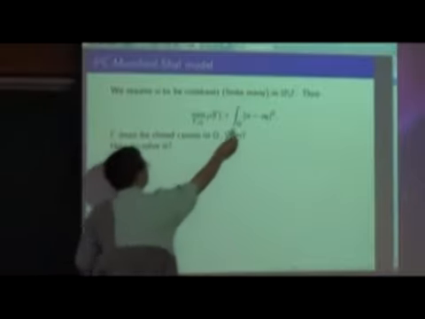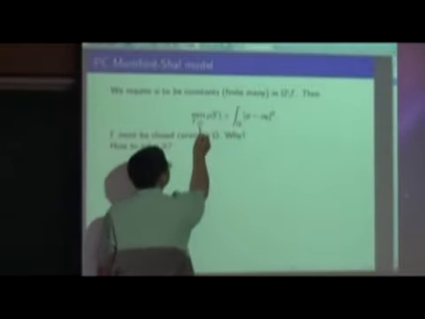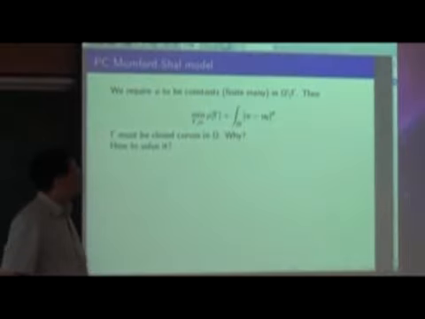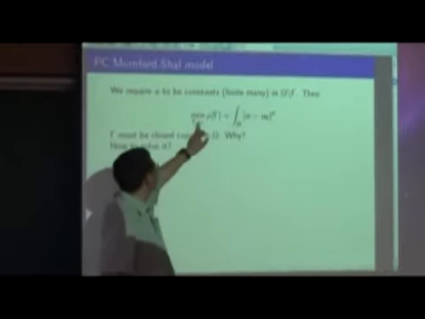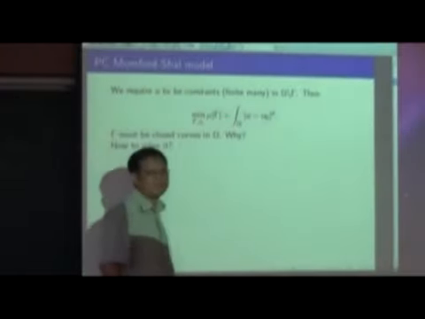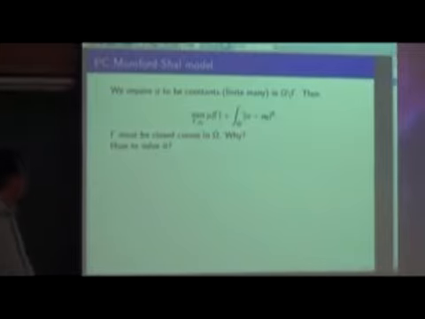U can only take a finite number of constant values Ci, and gamma is the discontinuity between the constant values. You minimize the length of the discontinuity and also the Ci, with U equal to Ci in omega i.